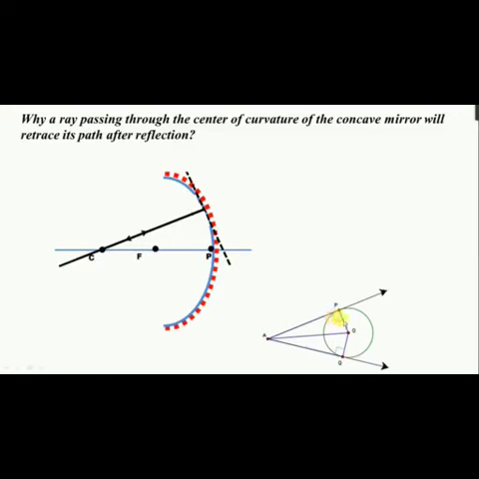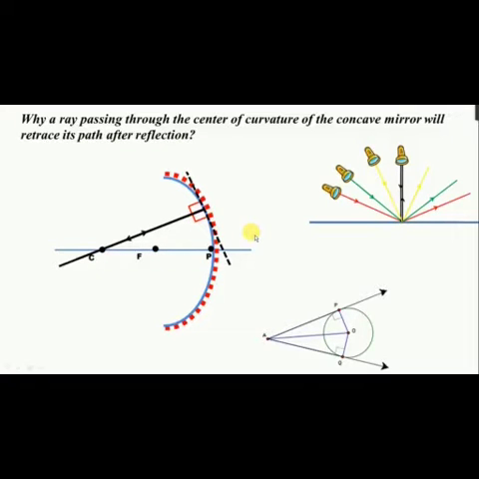That means here the angle is 90 degrees. And we already know when the ray makes 90 degrees with the mirror, it goes back through the same path. So it should go back through the same path like this.